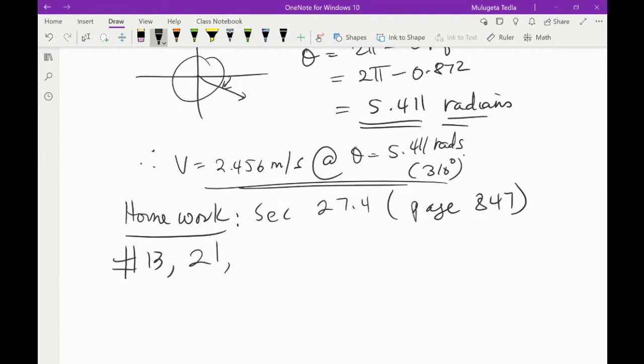Number 23. This number 23 is based on number 22 that we did. They want to know the acceleration. It's based on number 22.